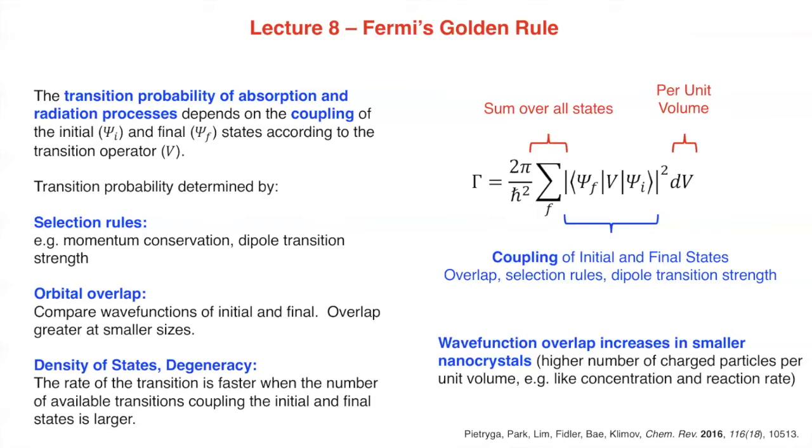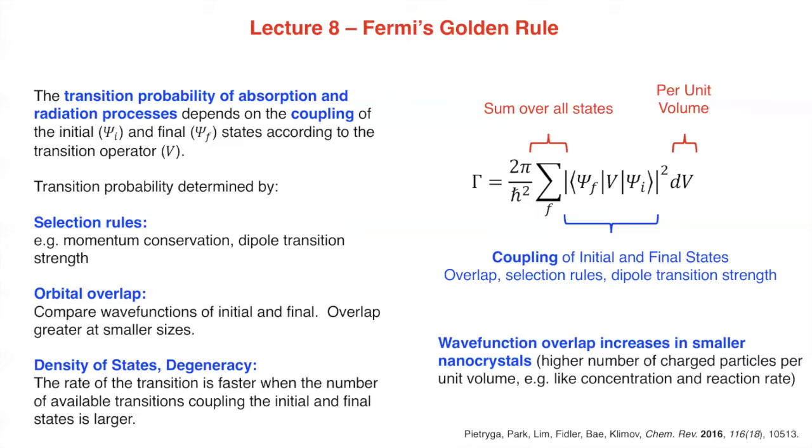Okay, and so if you have an initial state and a final state, you look at that overlap of those 2 wave functions. If you have multiple final states, you consider the overlaps of all of those possible transitions, and then it's expressed as an energy or as units, as in per volume units.